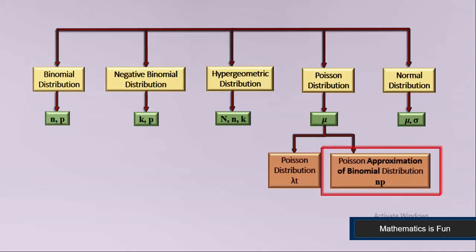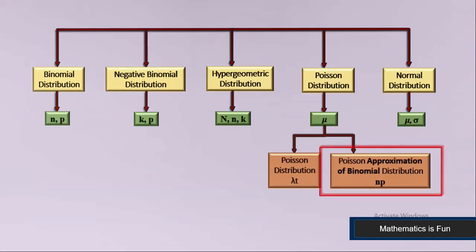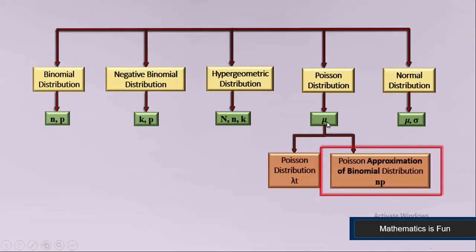In the binomial distribution, we have the parameters n and p. Now here the parameter of the Poisson distribution is mu. So for the binomial distribution, mu is n multiplied by p, because we are given only these parameters.